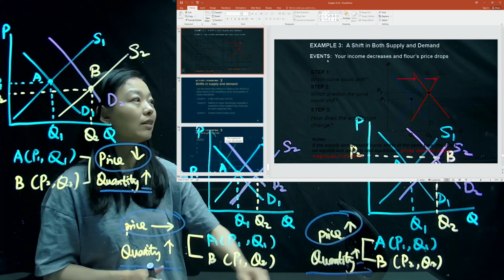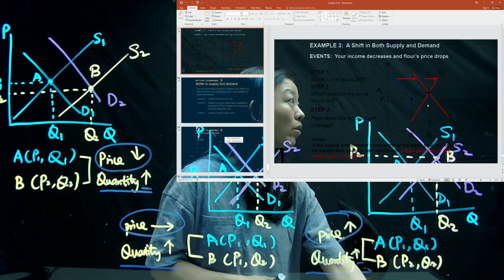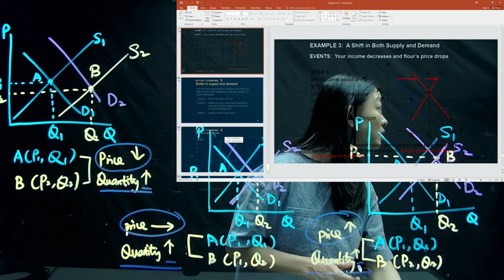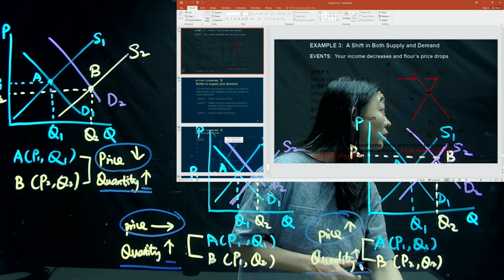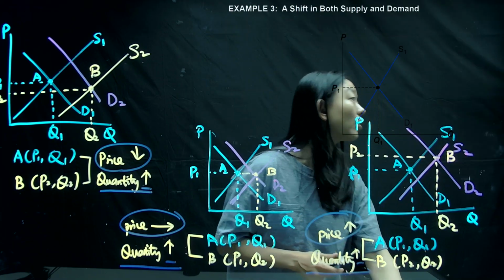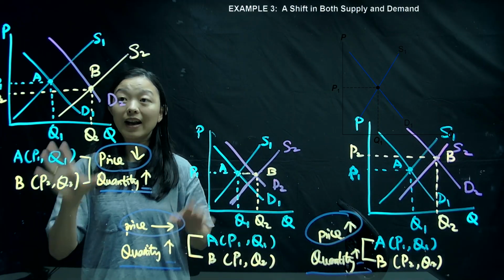Okay? So I think that could be the thing I want to emphasize in this chapter. So that could be a very, very important point in this chapter at the end.